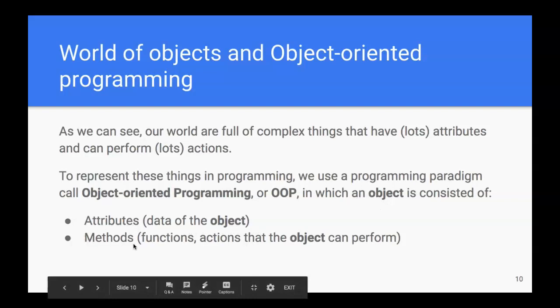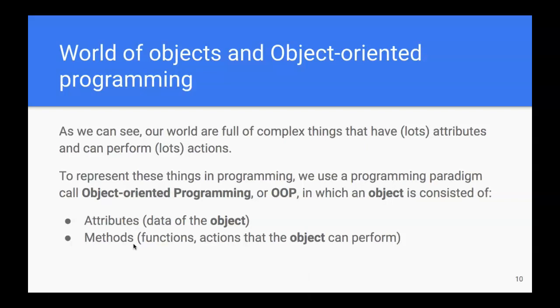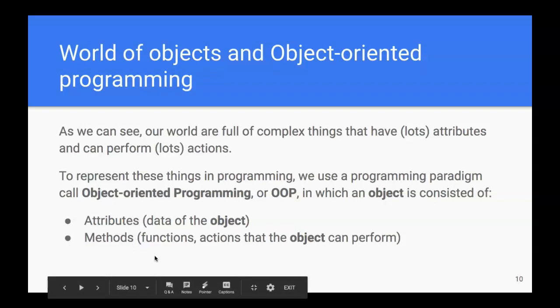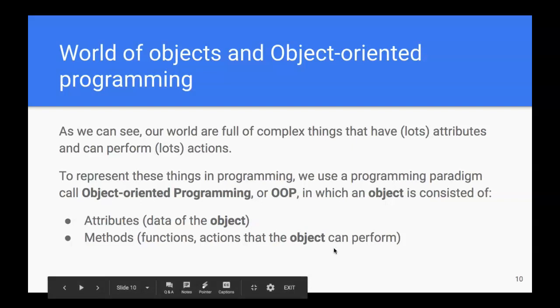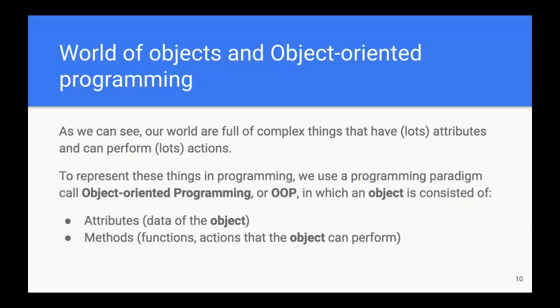Methods are basically functions, but they're functions of an object, so there's a different name for them. They're called methods, and they represent actions. A function is a series of code that does things, so methods are just the actions that the object can do. So that's, in very basic terms, what an object is in programming.